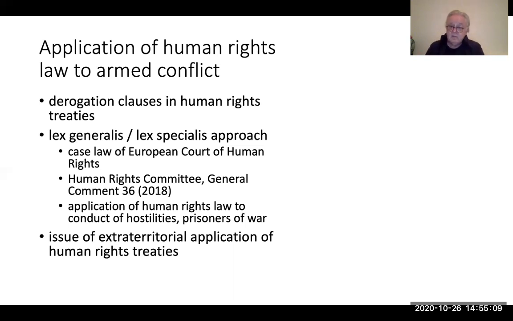Just to give you an example, according to humanitarian law, we don't take sides about the conduct of the hostilities between the two parties, as long as they're fighting fair and they're not using prohibited weapons and they're not firing at impermissible targets and so on.